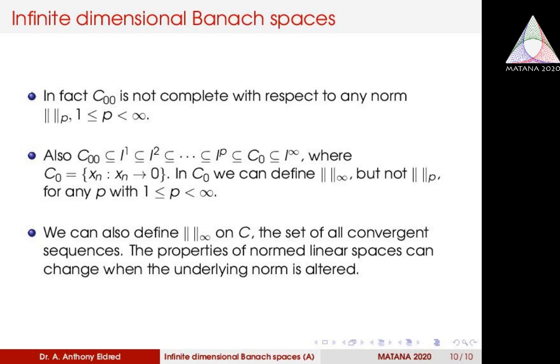And also, though we can define any norm on a vector space, in particular if we take the sequence spaces, we can define any norm on the sequence spaces, but if we just say ell-p, then that means we can define only the p norm.